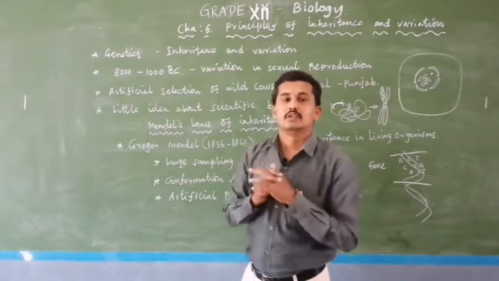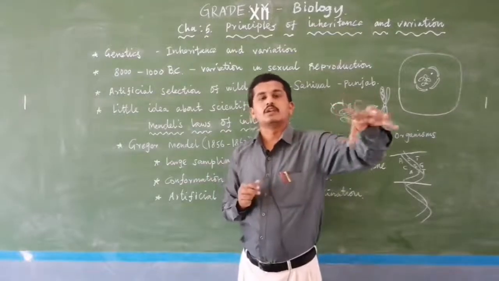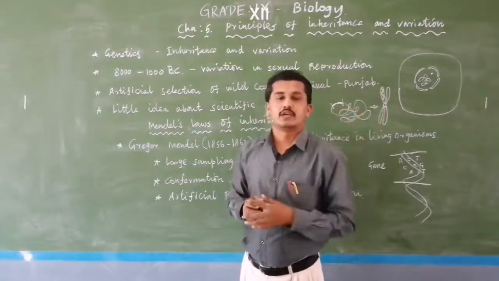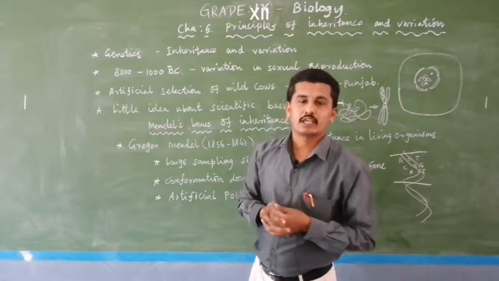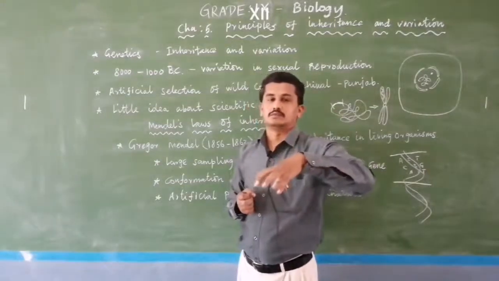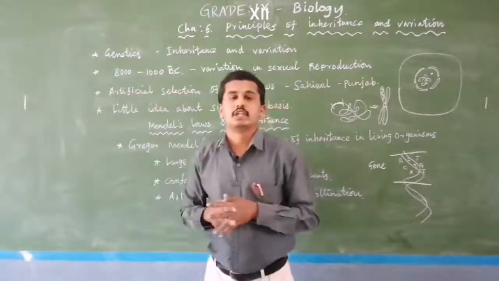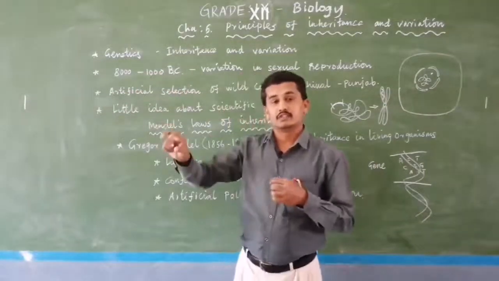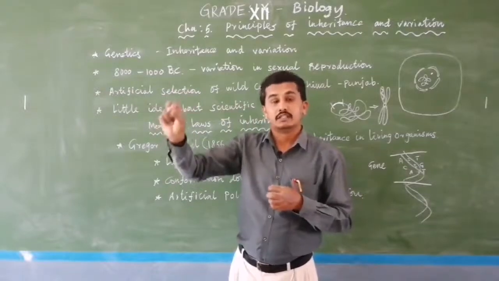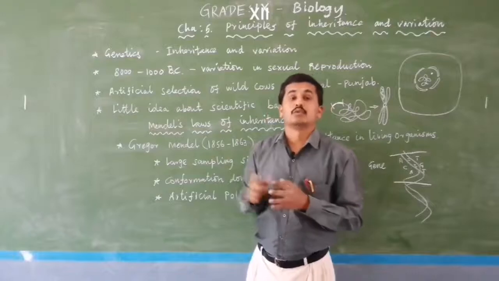I will give a simple example. One rice variety, for example IR20, normally yields more per hectare, but another rice, for example basmati rice, yields less, but its aroma, taste and grain size are better.